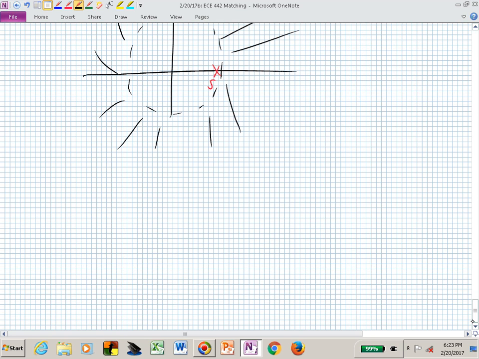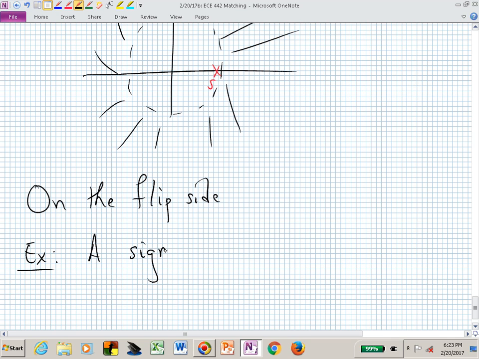What about the other case? Or another case, let's call this the flip side. A signal can be non-causal.